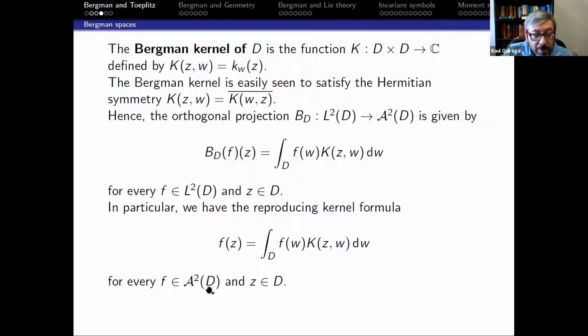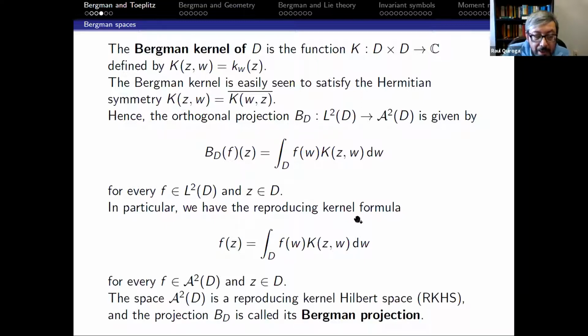Every function on the Bergman space can be written in terms of itself using this Bergman kernel function. Because of that, as Nikolai also mentioned, the Bergman spaces of this form for bounded domains are what is called a reproducing kernel Hilbert space. And this B_D is the corresponding Bergman projection. So this, of course, lies very nicely in the setup that Nikolai mentioned.